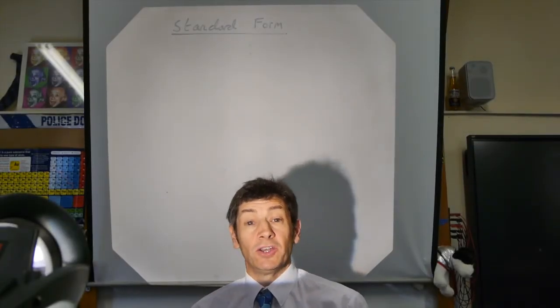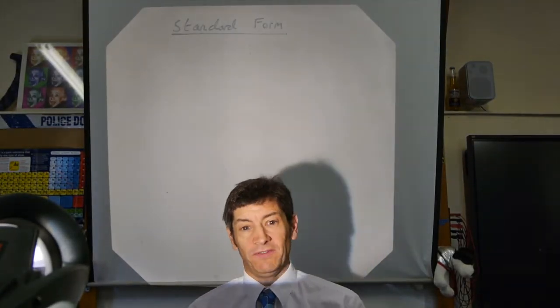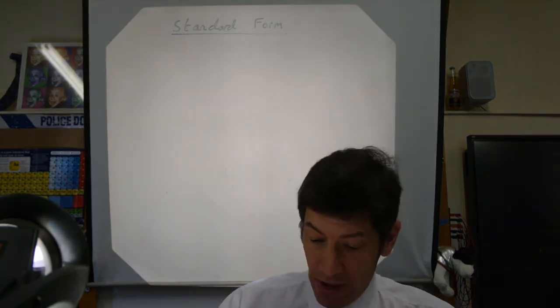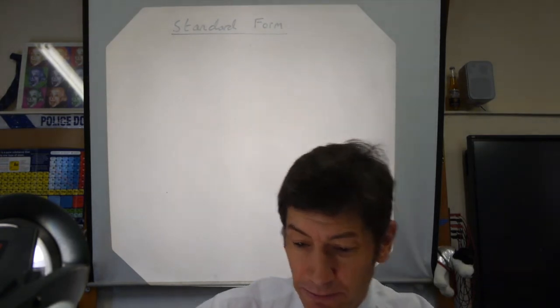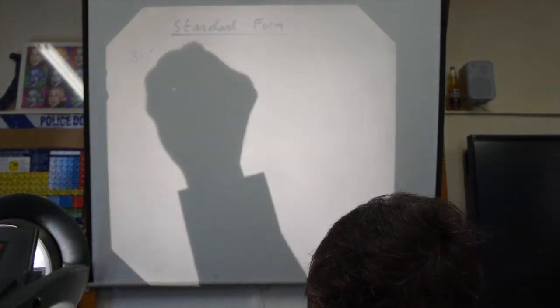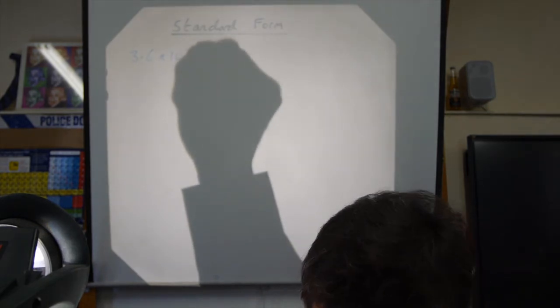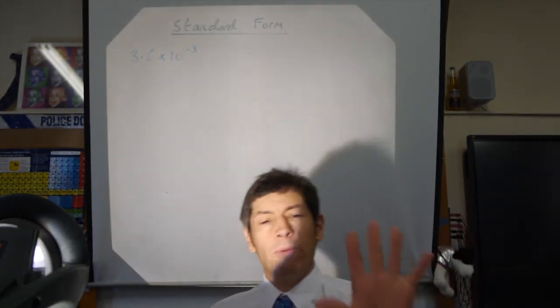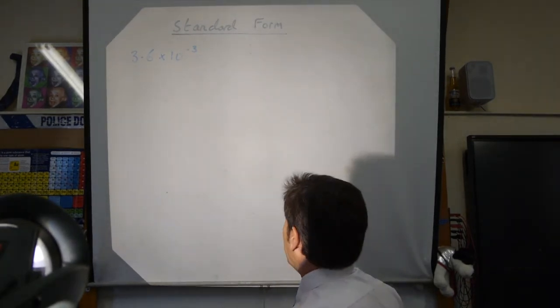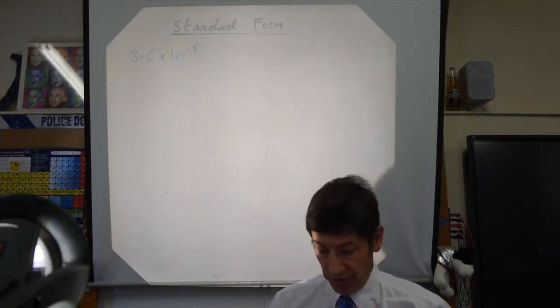So now let's look at standard form and significant figures, and it's not as bad as you think. Imagine we measure a number and we get 3.6 times 10 to the minus 3. Won't bother about units, that's not the important bit today. So how many significant figures have we got there?